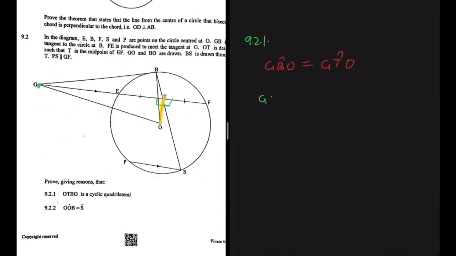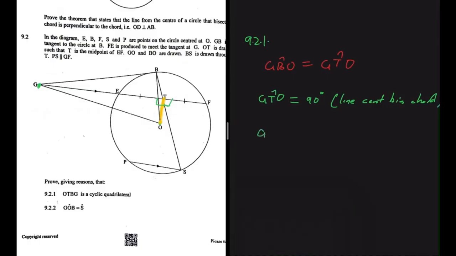We're saying that GTO is equal to 90 degrees, right? The line from the center is bisecting the chord, so that angle there should be 90 degrees. Now we know fully well that GBO should also be 90 degrees, and indeed it is.